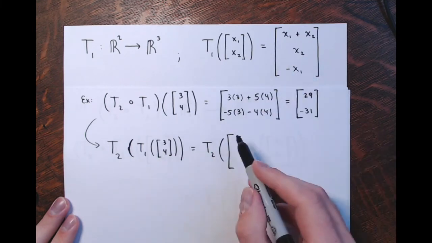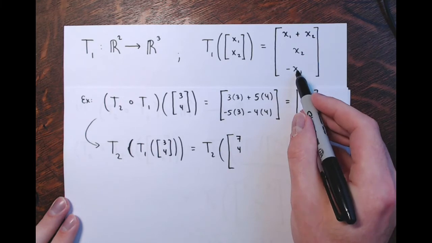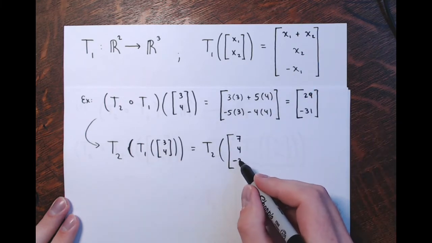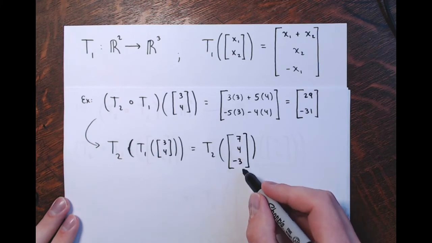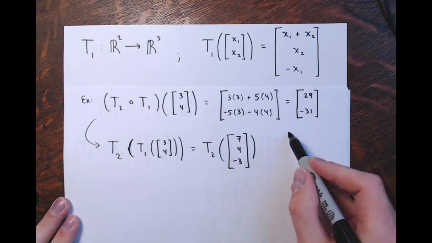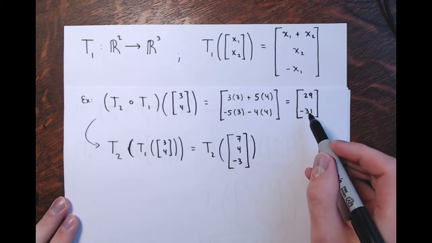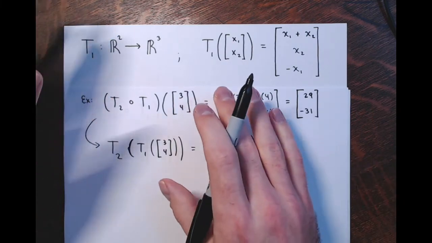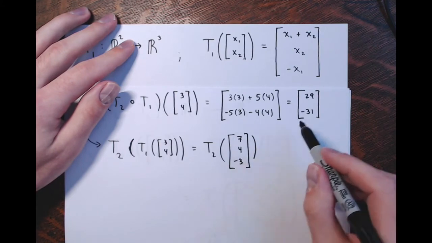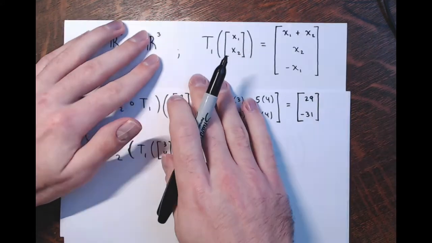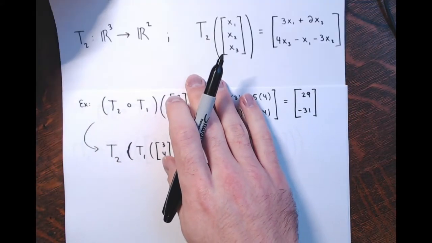The second component would be 4, and then the opposite of x1, so negative 3. Then I'll apply T2 to this, and I'm hoping I get this 29, negative 31. I better, if what I did earlier was correct, this should end up being 29, negative 31.